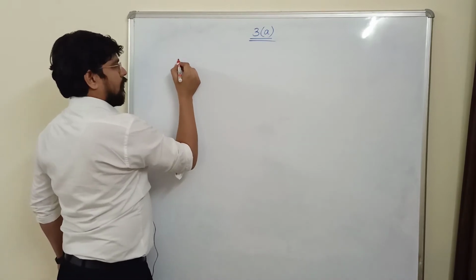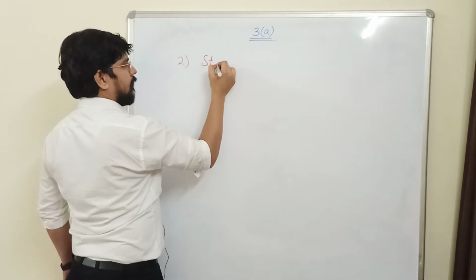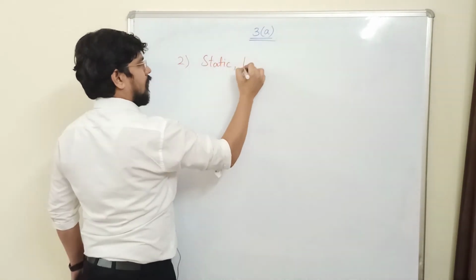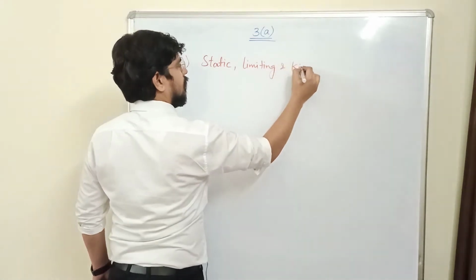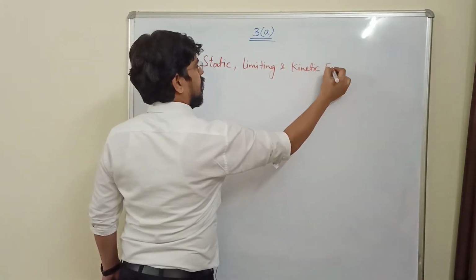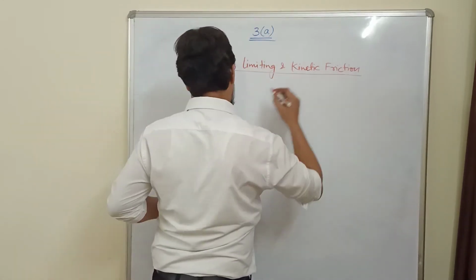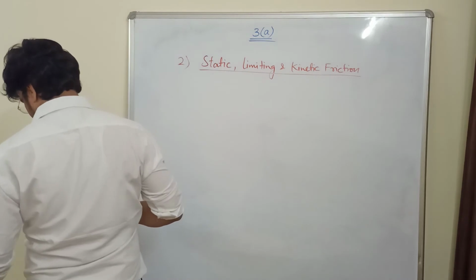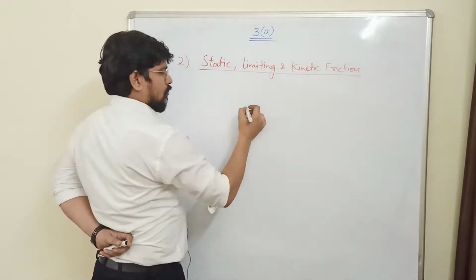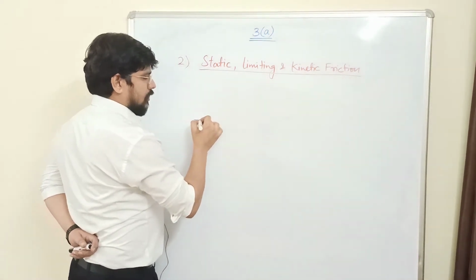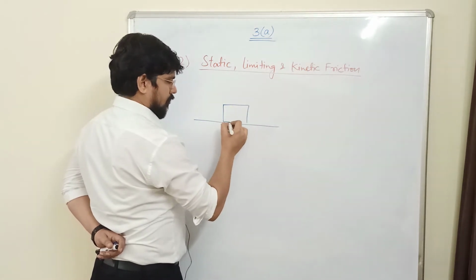So the next topic is very interesting, that is static, limiting and kinetic friction. And you must understand this very carefully. Consider a surface on which we have an object.